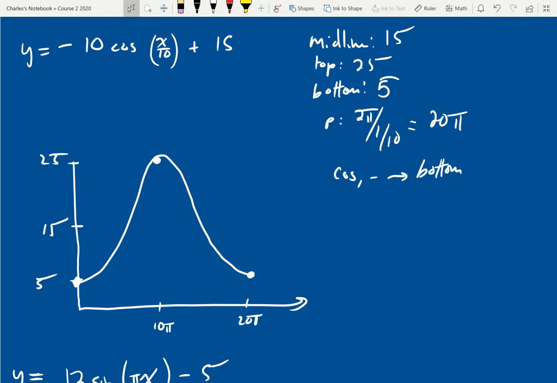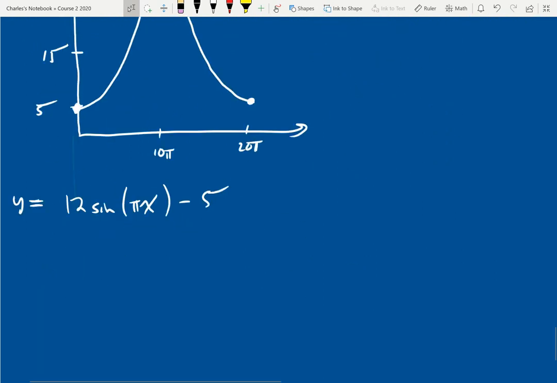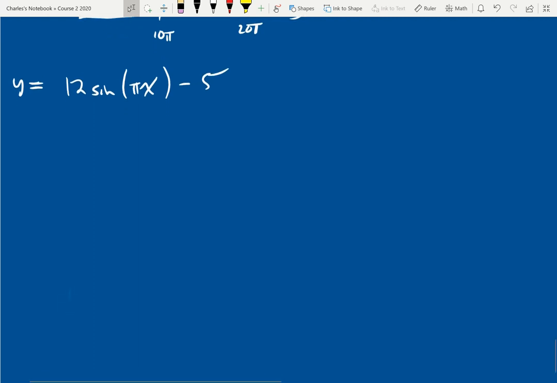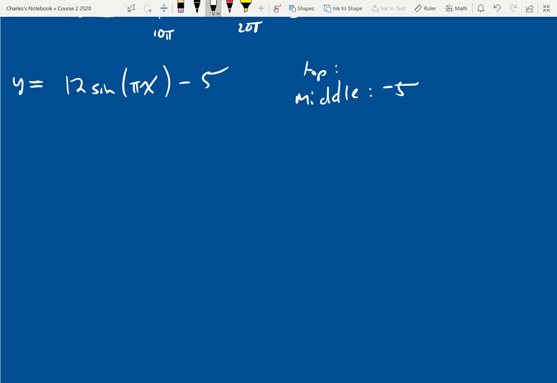And let's do one more, because it's one more important concept. I know there's a lot of concepts. It's just how it is. So this is 12 sine pi x minus 5. Its middle is at -5. Its top is going to be at 7. Its bottom is going to be at -5 minus 12, which is -17.